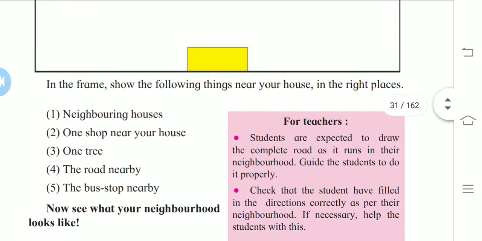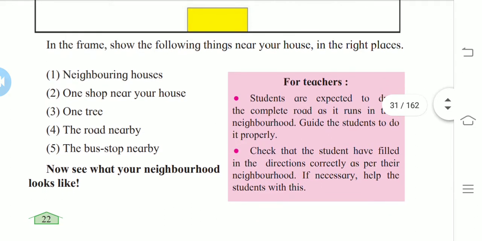In the frame, show the following things near your house in the right place: neighboring houses, one shop near your house, one tree, the road nearby, the bus stop nearby. Now say what your neighborhood looks like.